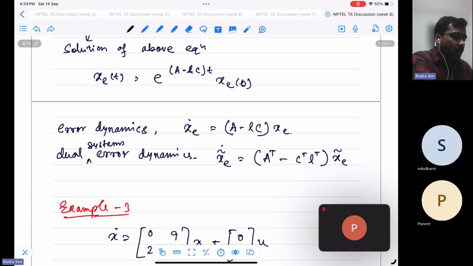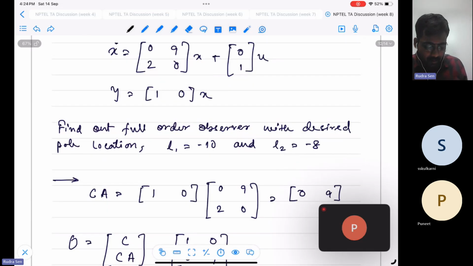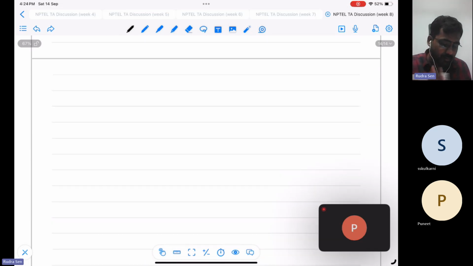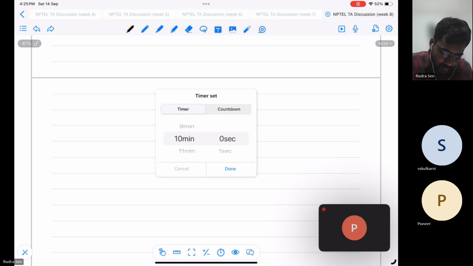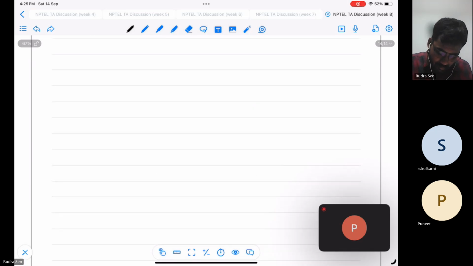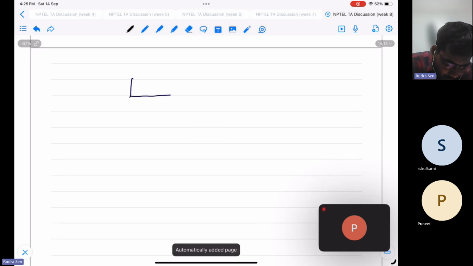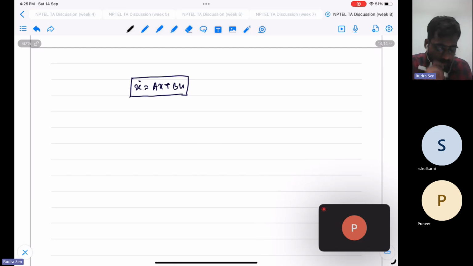Let me draw a block diagram and give a few facts on how to choose this observer gain. Let me first draw the block diagram. This is my original plant, that is x dot equals Ax plus Bu.